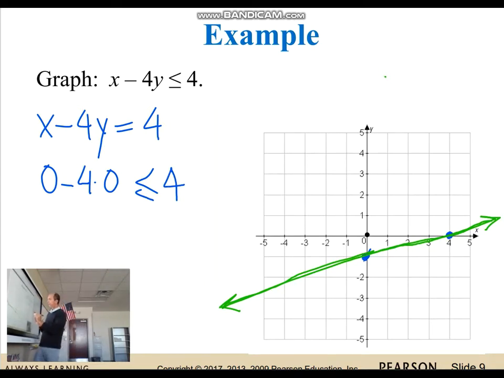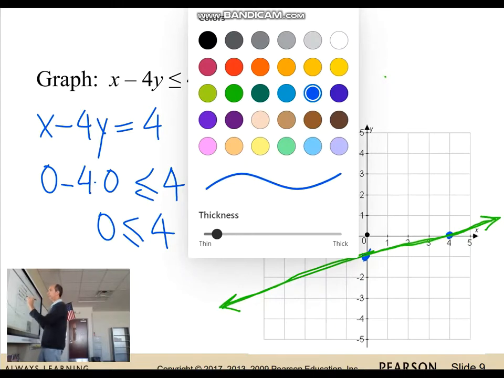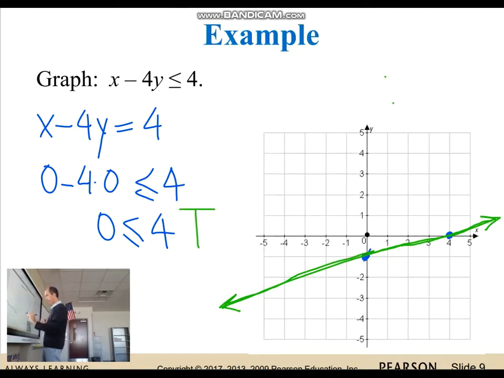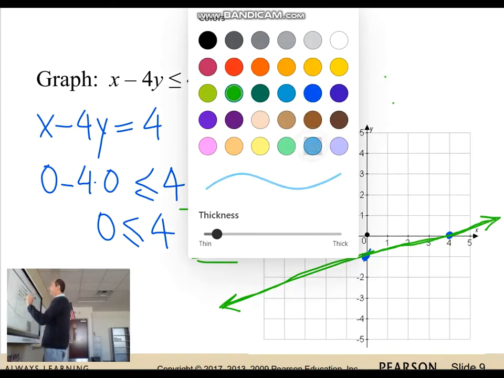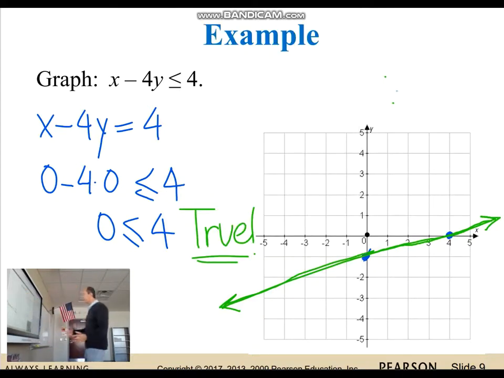Let's check if this is a true statement: 0 less or equal than 4. And this, we write with green, this is true. Yes, this is true. The consequence is that the area where this point is, the same half of the graph, is going to be the solution set.